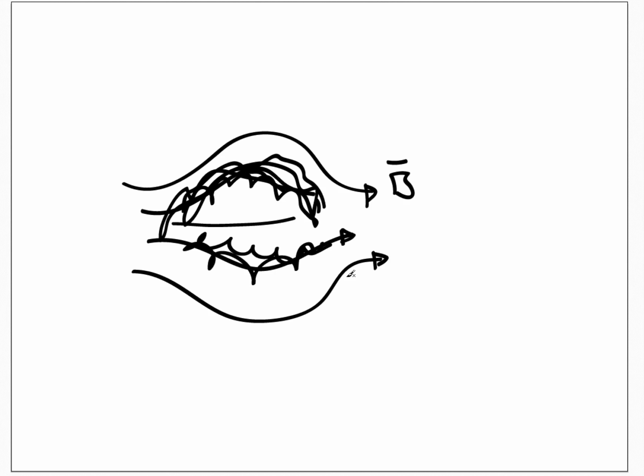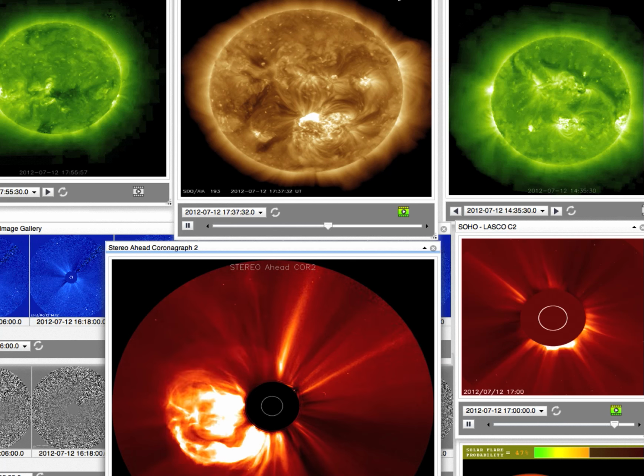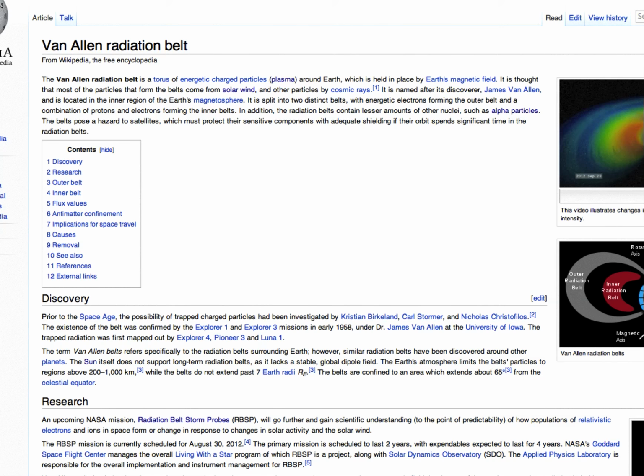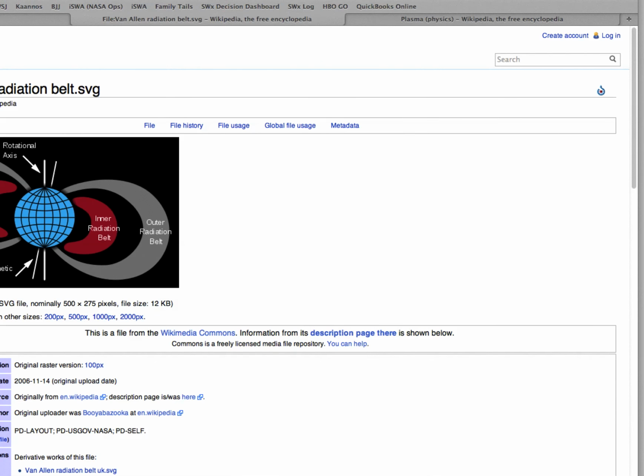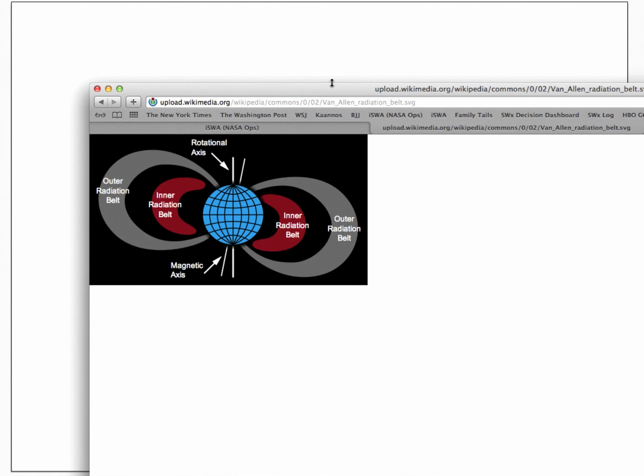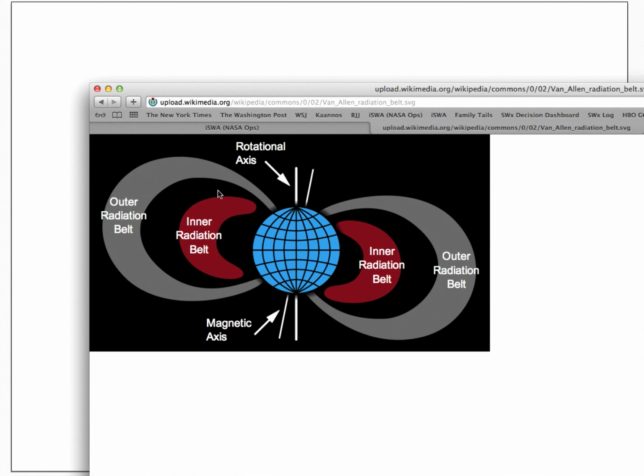Now, we have many good examples of these kinds of magnetic bottles from the space viewpoint. One of the classic examples is our radiation belts. Our radiation belts are nothing but a huge magnetic bottle. Let's bring in an illustration of that magnetic bottle. Let's make this a little bigger. So we have the Van Allen radiation belts, where we have quite high levels of charged particle radiation.